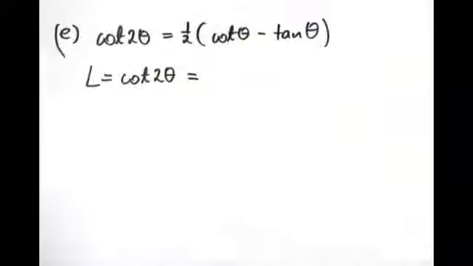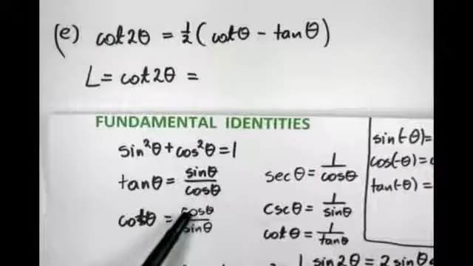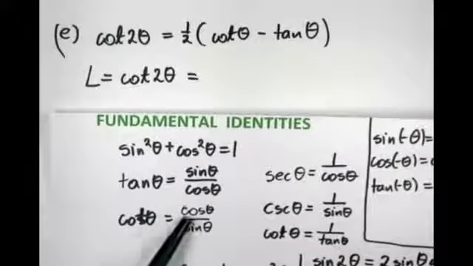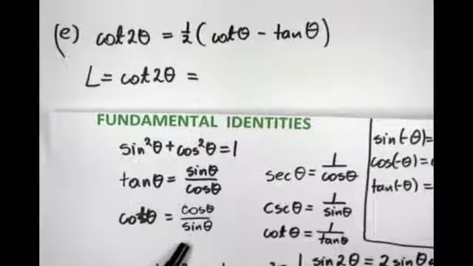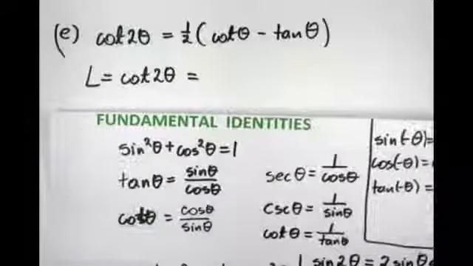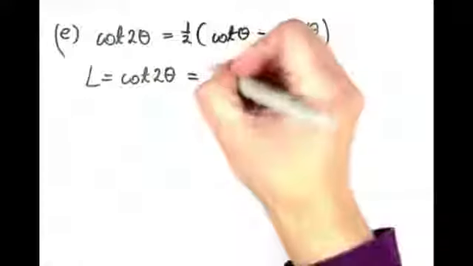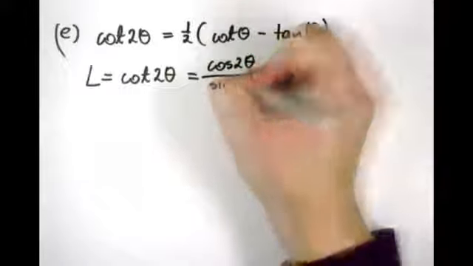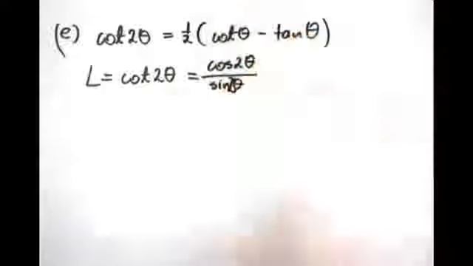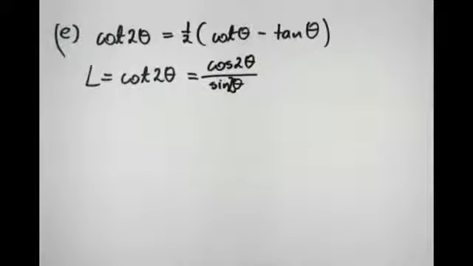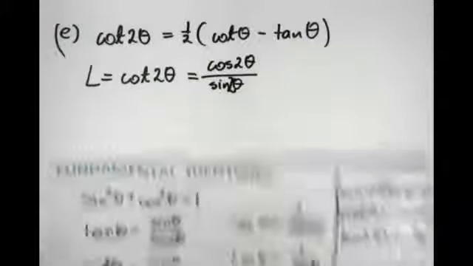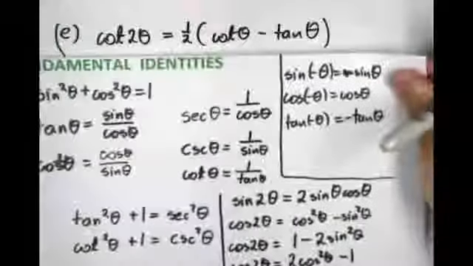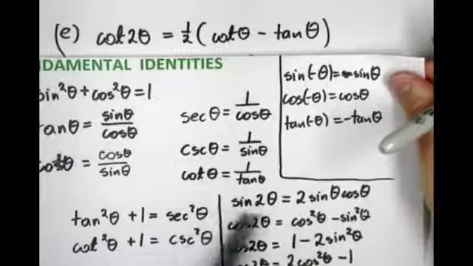We don't have the formula for cotangent 2 theta, but we know from fundamental identities that cotangent is cos over sine. So I will have cos 2 theta over sine 2 theta, because that's the same angle. Now we need to know the identities for cos 2 theta and sine 2 theta.